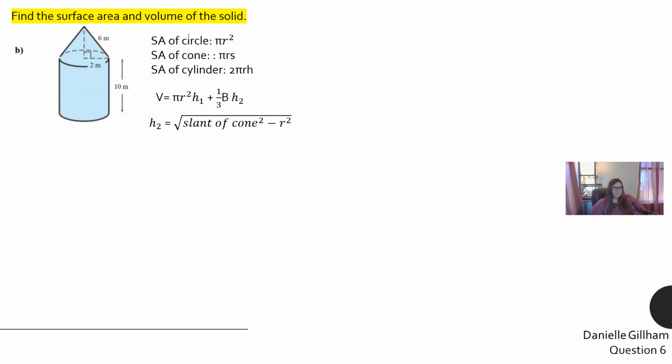So I have already put the surface area of all these. So now we're just going to put them together. So surface area of the circle plus surface area of a cone plus of the cylinder.